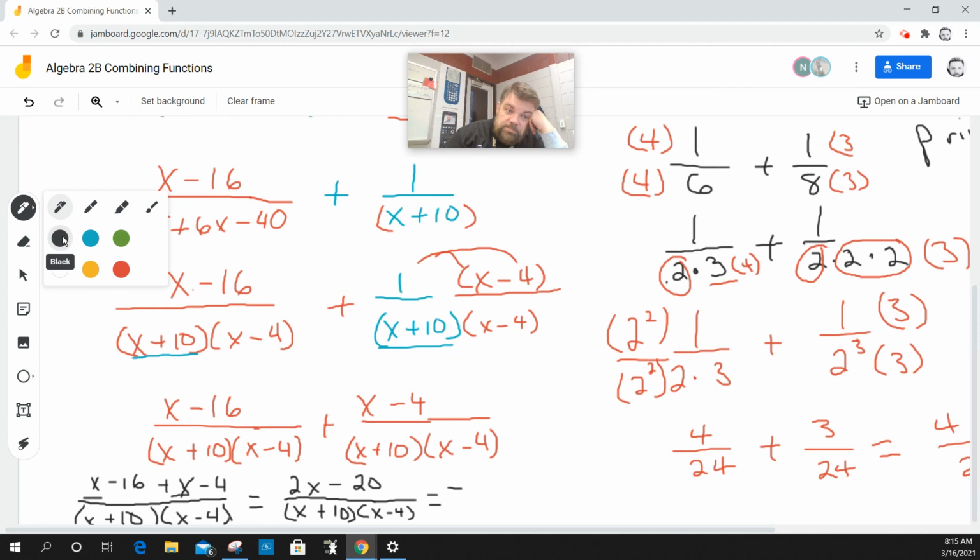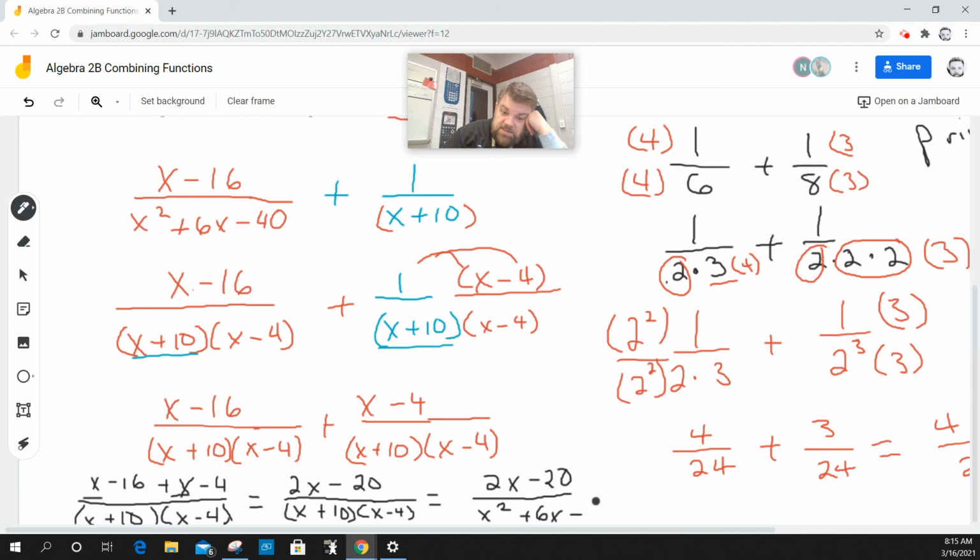So my final answer is, if I multiply this back out, I get 2x minus 20 all over x squared plus 6x minus 40. And that's what we started off with. So this is the final answer. All that work to get the final answer. But you can see how they're connected. The rules are the same with the numbers as they are with the algebraic expressions.